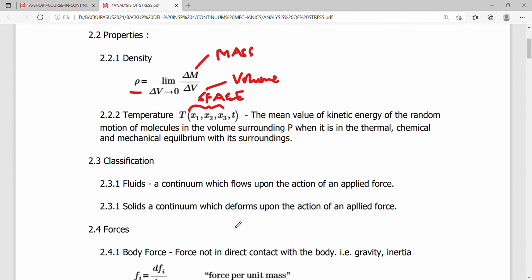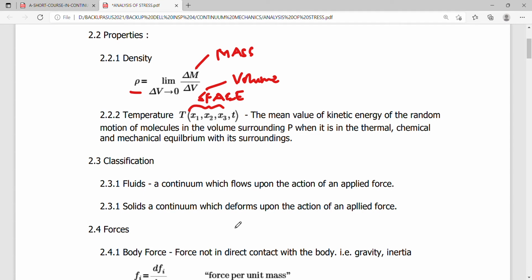And for the classifications of a continuous body or a continuum, we normally have two types. We have the fluids, which involve, of course, the liquid and the gaseous type, and the solids, of which most structural materials are made.